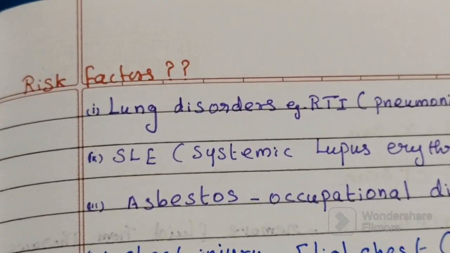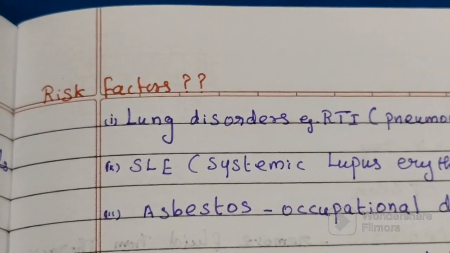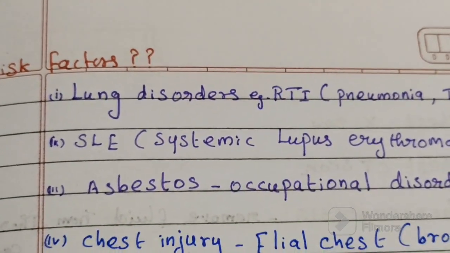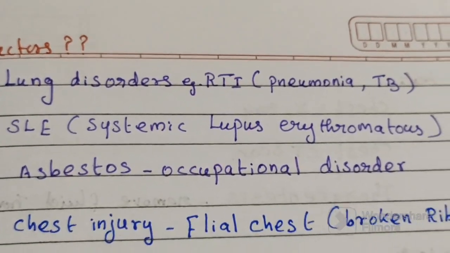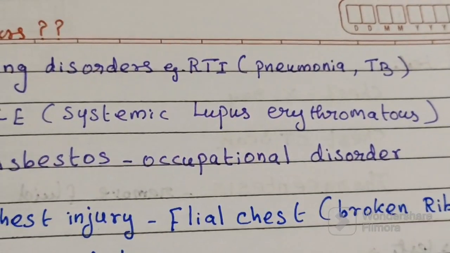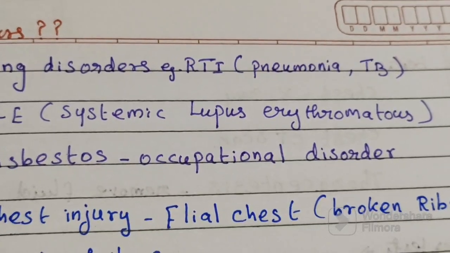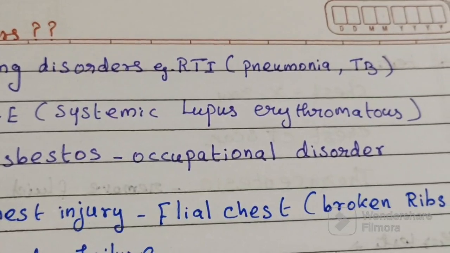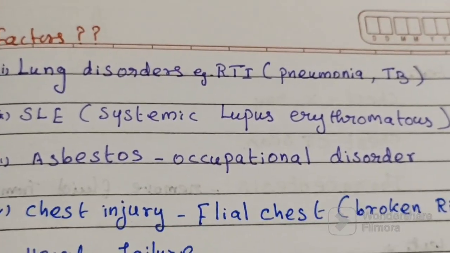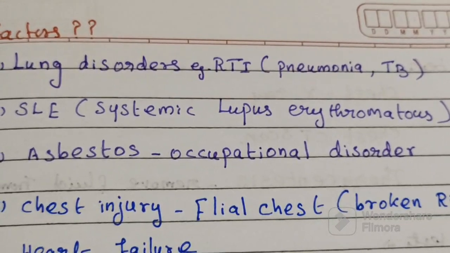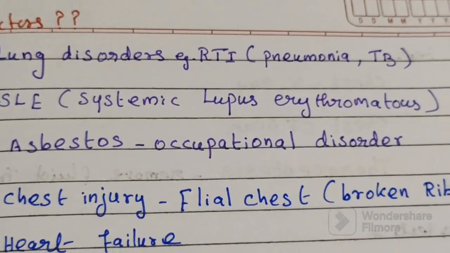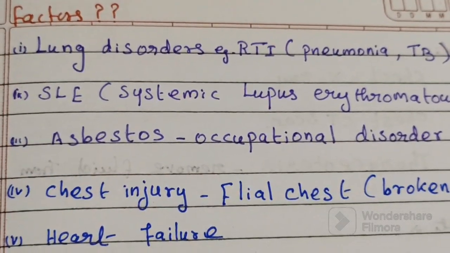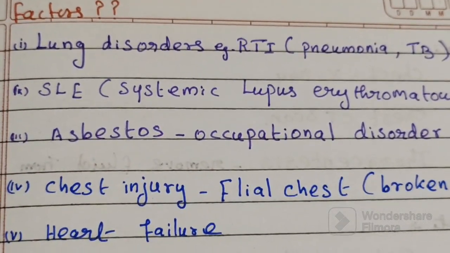Next, what are the risk factors or causes of pleuritis? The risk factors are basically lung disorders, that is, respiratory tract infections caused by microorganisms, such as pneumonia, tuberculosis and other chest infections. The second one is systemic lupus erythematosus.